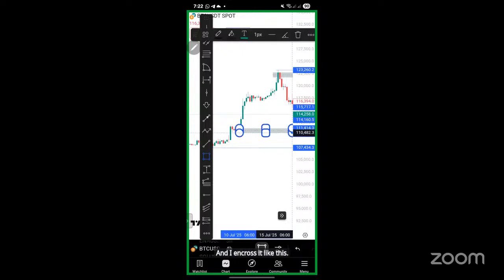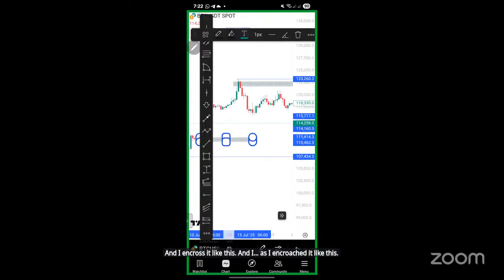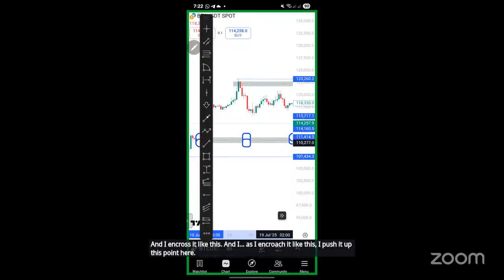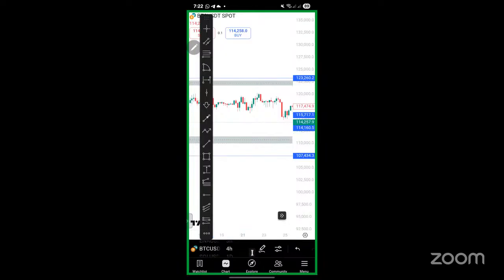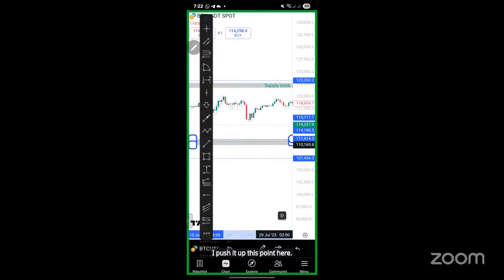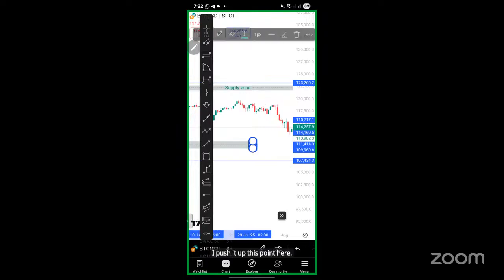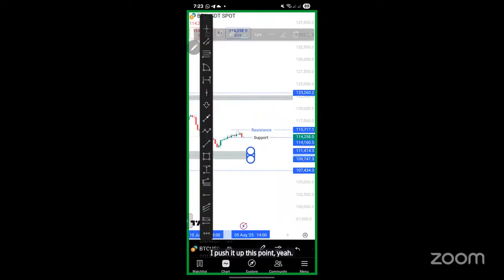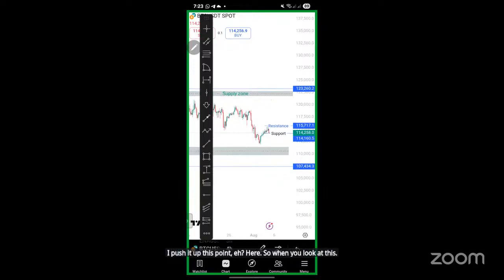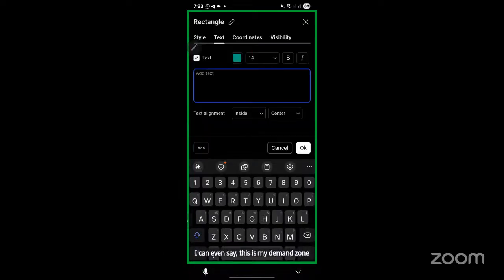As I enclose it, I push it up to this point here. So I can say this is my demand zone. I tap on it and label it demand zone.